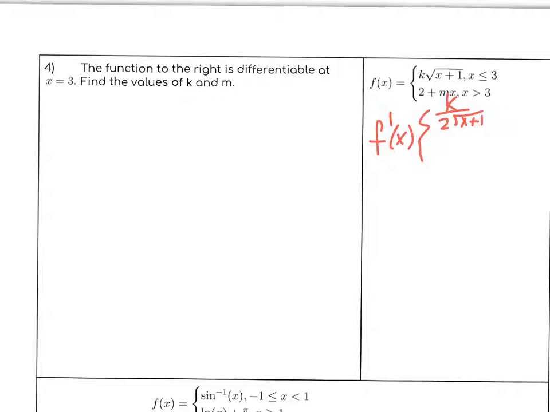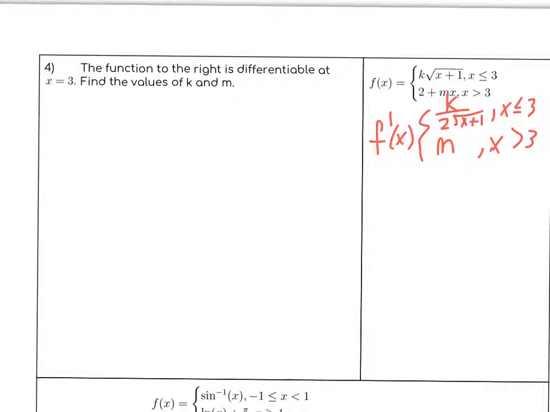That's using the power rule. And then for the other side, 2 is going to be 0, and mx is just going to be m for x greater than 3.